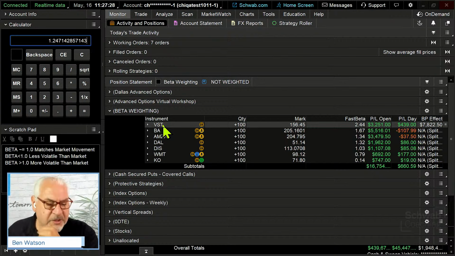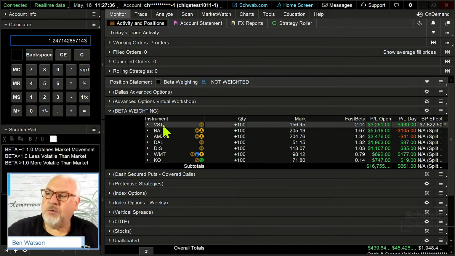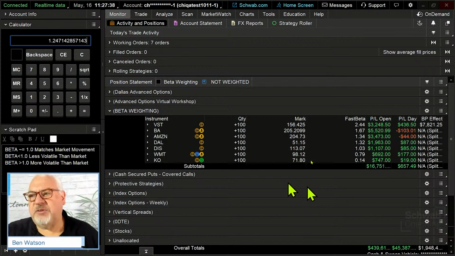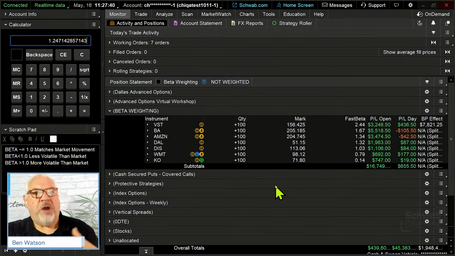So in terms of diversification, we could change this portfolio. Now, here's the thing. In terms of how I can adjust my portfolio, well, I could add a position, right? And I'll show you how to do that here in a second, but there's another way that we could do this.